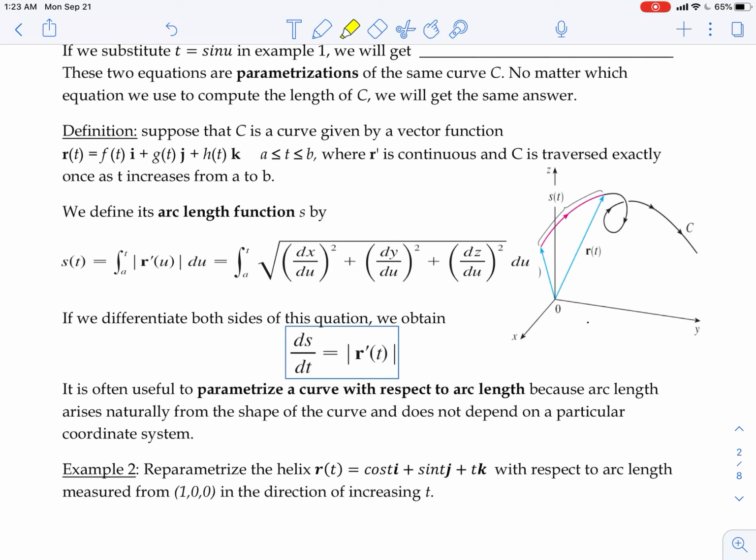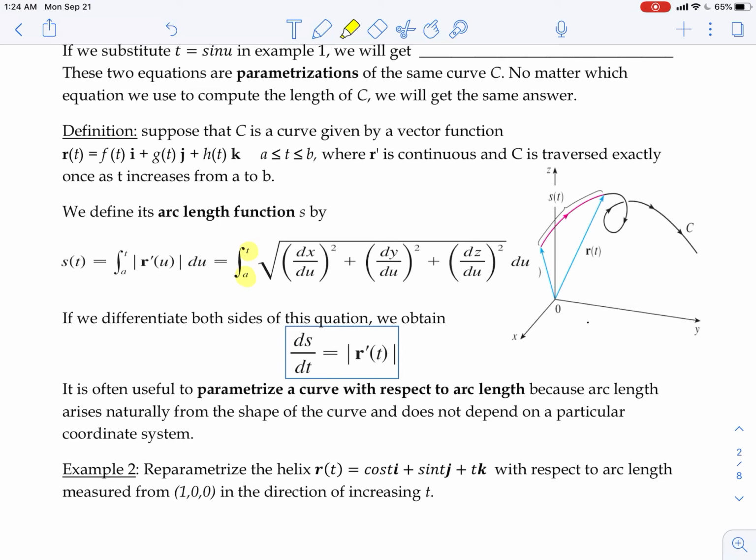Basically, instead of saying we're going from 0 to 5 or 0 to 2 or whatever, we're taking our vector function and trying to find the arc length from some value to t. This is a way that we can find the arc length on any part of our curve.